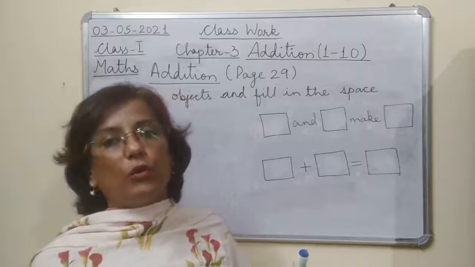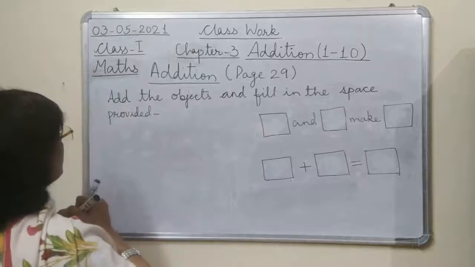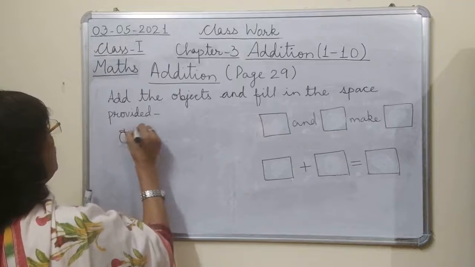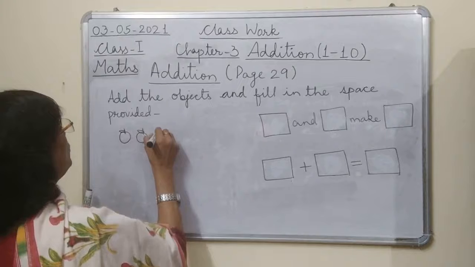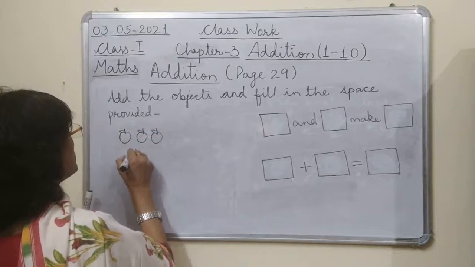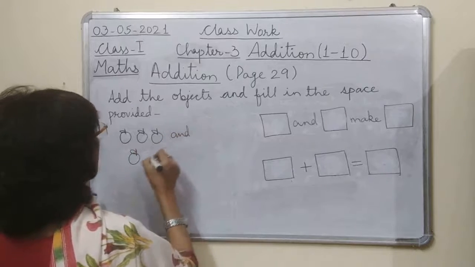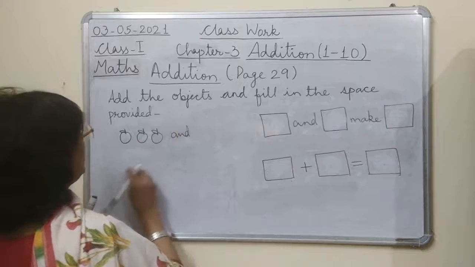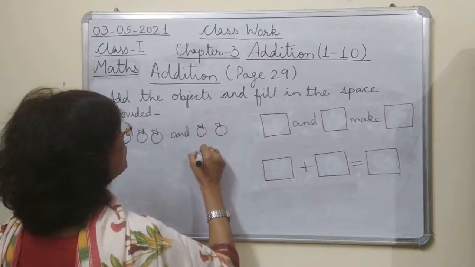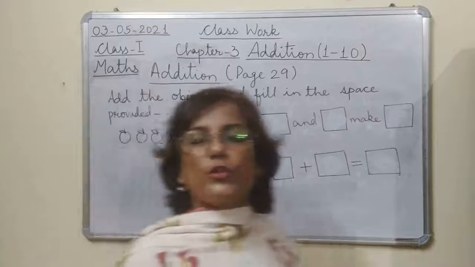You just have to count the objects and then write. अभी suppose 1, 2, 3, 4 and 1, 2, 3 and 1, 2, 3, 4. ठीक है. सो इसको आप कैसे लिख सकते हो?